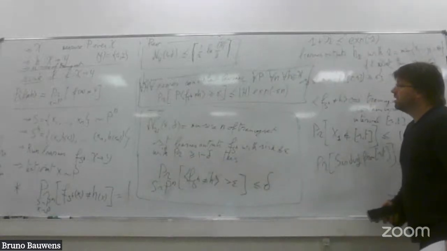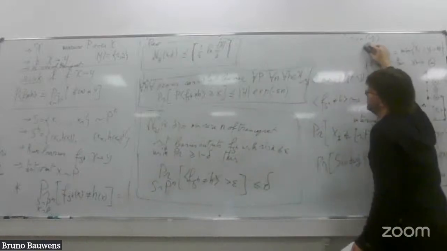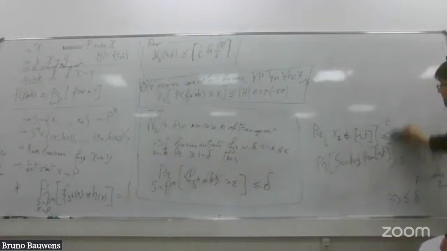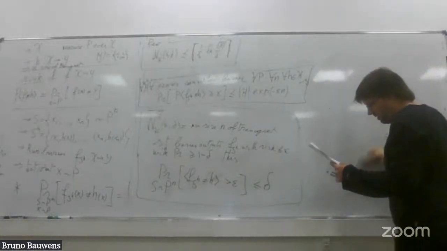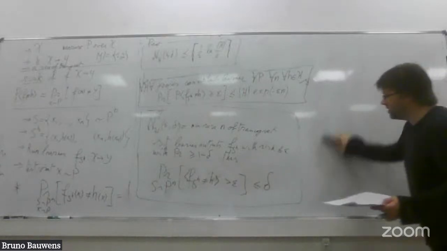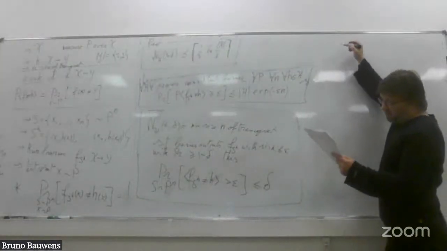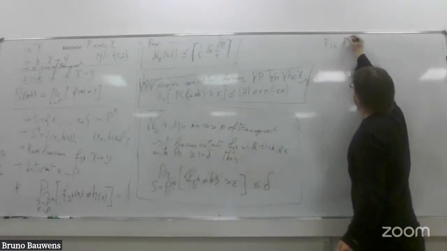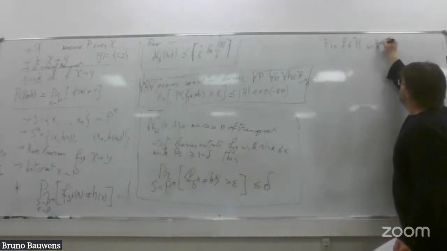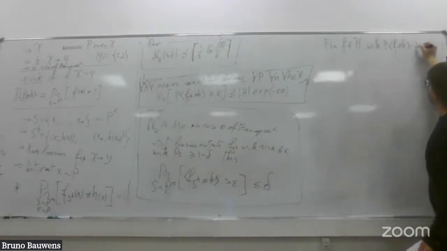Okay, so let us first pretend that H contains only one element. The proof is very short and I forgot it, so I will just give the one that's written here. So let us fix f inside H, and we fix it such that the probability that f is not equal to h is bigger than epsilon.